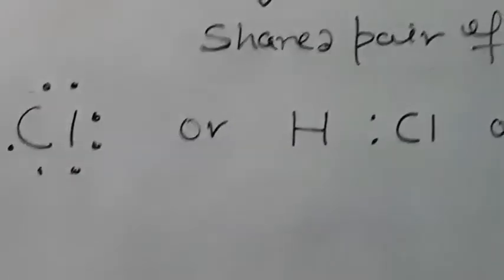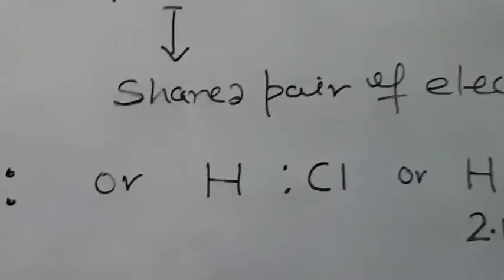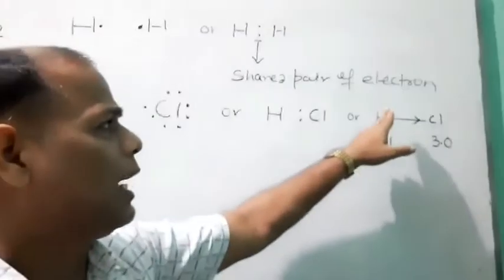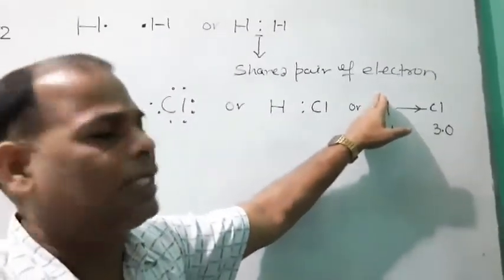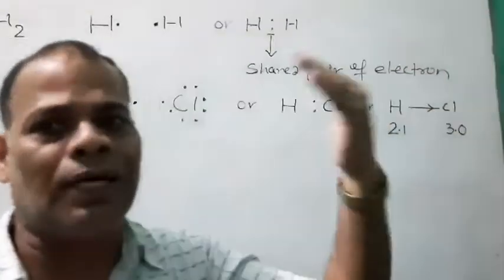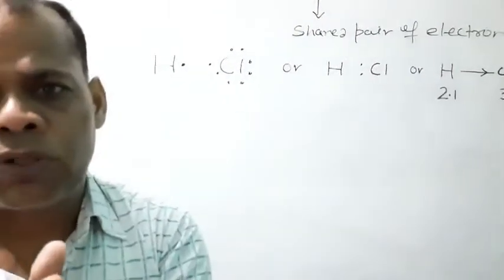Electronegativity value of chlorine is 3, whereas electronegativity value of hydrogen is 2.1. Because of this difference in the electronegativity value, the chlorine attracts the shared pair electron towards itself. As a result, the electron density over the hydrogen becomes less and over the chlorine atom becomes more.